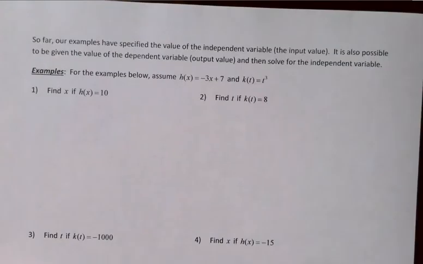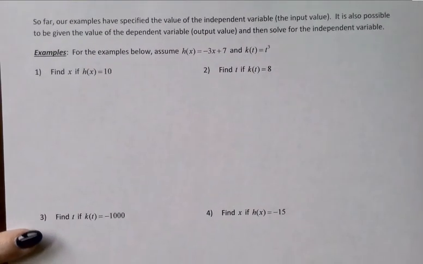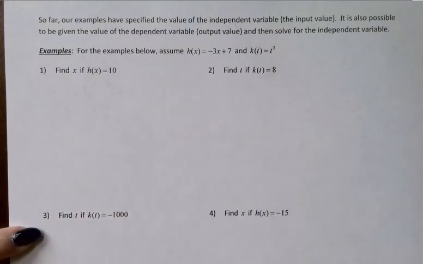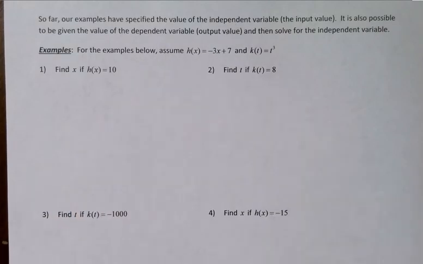All right, one more thing about this function notation in this particular section. So far, all of our examples have specified the value of the independent variable. I've told you what to substitute for that independent variable or input. It's also possible to be given the value of the dependent or output variable and then have to solve for the independent or input variable.